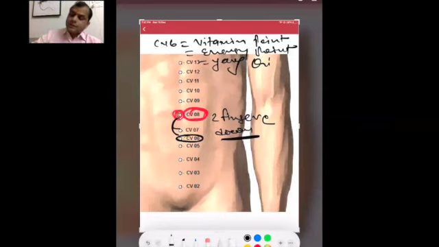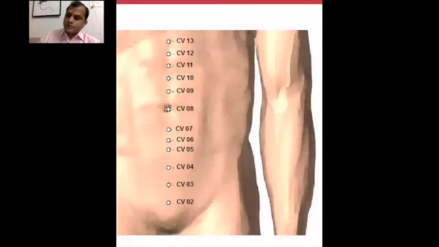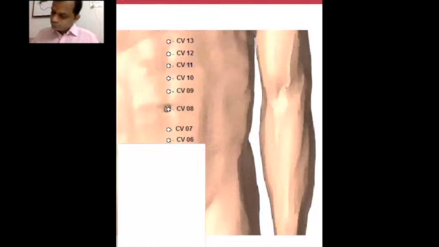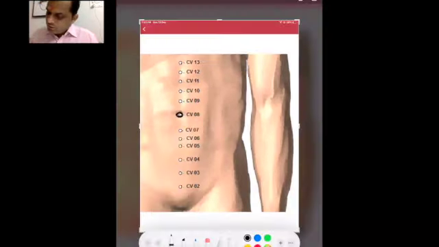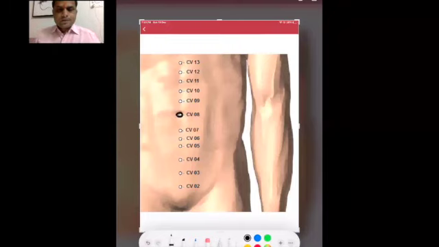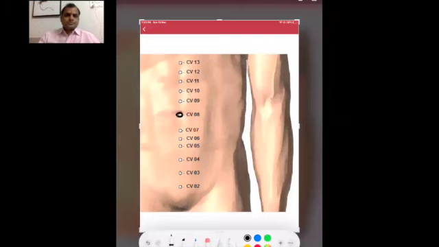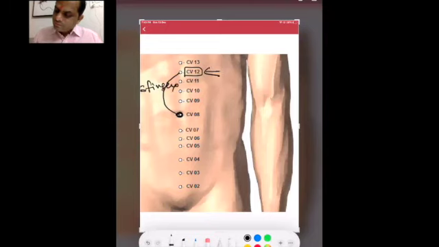Let's see the location of another point, that is CV12. So from the navel region, if we go near about 6 fingers up, then we have the location of CV12.